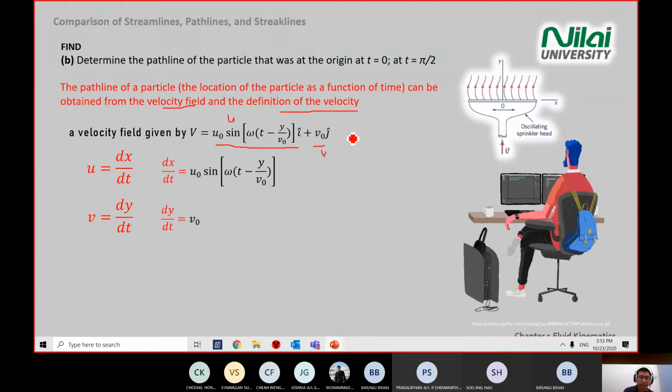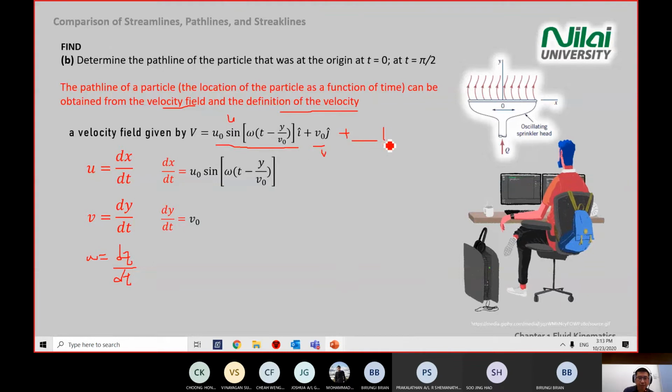Again, in the final exam, maybe it will become a 3-dimensional question, in which you will have something k hat. So you will have w equal to dz over dt. So just take note. If you have a w, then you have dz, because in the z direction, dt. So if you have something here in the final exam, you will see something k hat here.